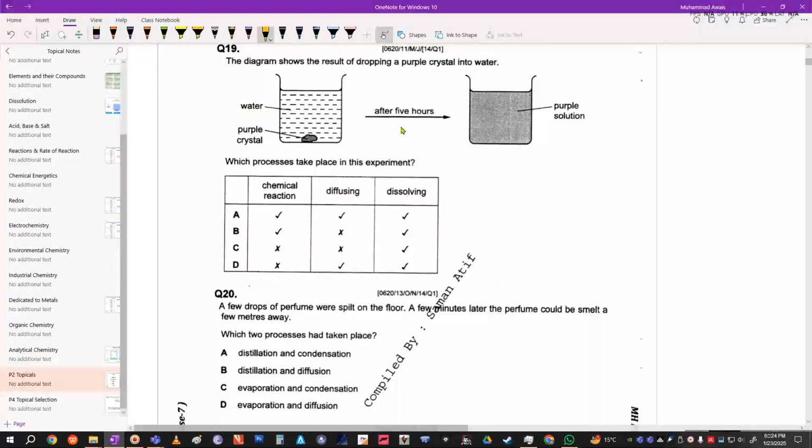They're very expensive. Okay, the diagram shows the results of dropping a purple crystal into water. Water, purple crystal, this is KMnO4, right? Most of the time potassium permanganate, a purple crystal, gives a purple color and it's given the name Pinky. I don't know why. I don't know what the British do. Their names and their colors just don't match.